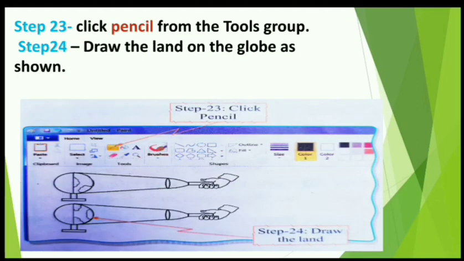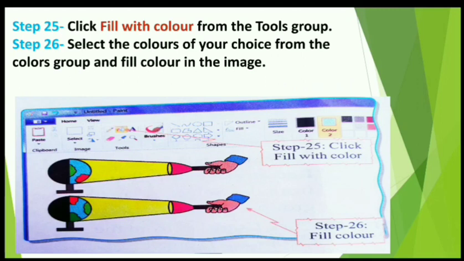Step 23. Click pencil from the tools group. Step 24. Draw the land on the globe as shown. You can draw land on that globe. Step 25. Click fill with color from the tools group.